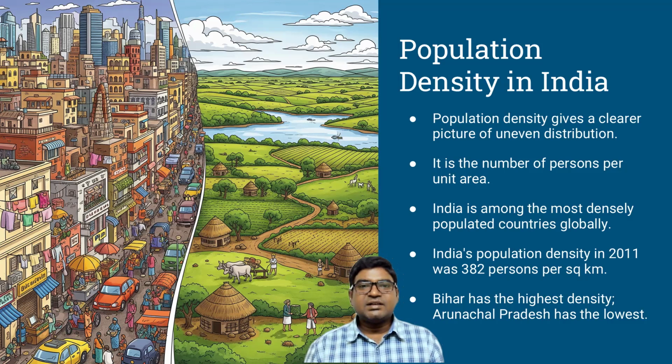So we learned the number of people living in a specified area or a unit land area which is considered for study is called density of the population or population density. For example, we have taken India for 1 square kilometer. How many people live? India falls under the category of highly densely populated country with around 382 people per square kilometer as per 2011 census.